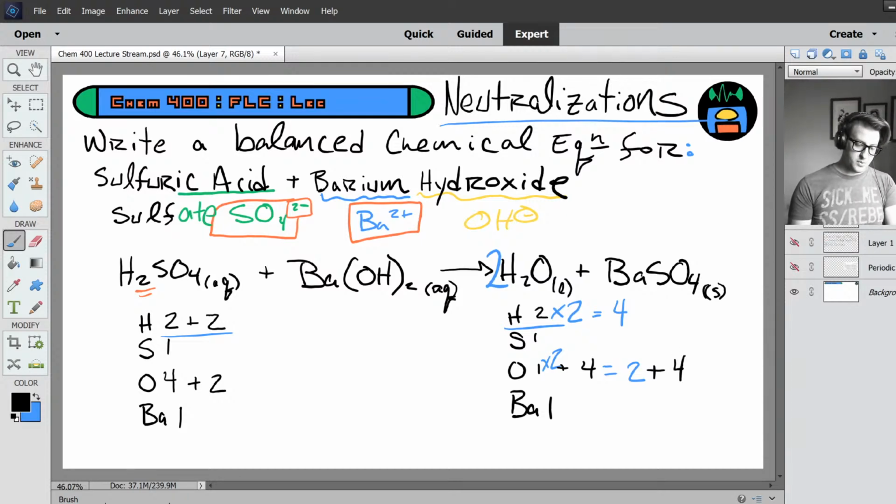We slap that 2 on there, and it balances hydrogen and oxygen in one fell swoop. So that is the balanced chemical equation for the neutralization reaction that occurs between barium hydroxide and sulfuric acid.